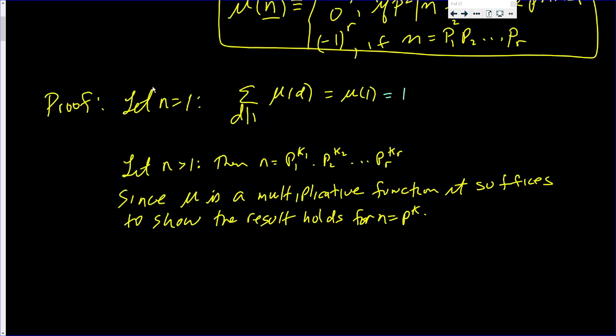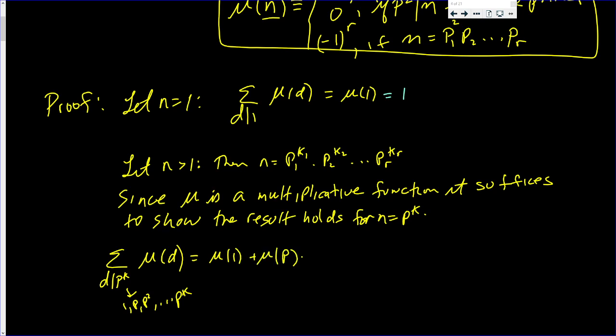Okay, so we have the summation as d divides n, which is p to the k, of mu of d. Well, the divisors of p to the k are 1, p, p squared, all the way up to p to the k. So it's mu of 1 plus mu of p plus mu of p squared all the way up to mu of p to the k.